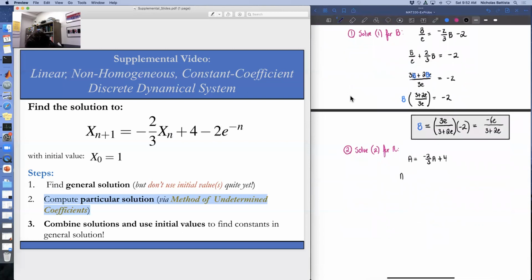We can add 2 over 3 a to both sides, factor out an a, get 1 plus 2 over 3. That gives us 5 over 3 a is equal to 4. And we can divide both sides by 5/3. So we get that a is equal to 12 over 5.